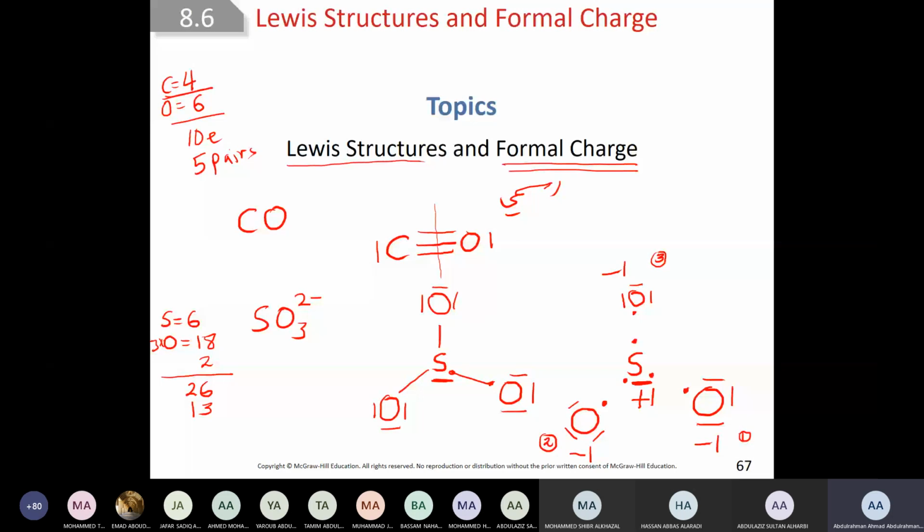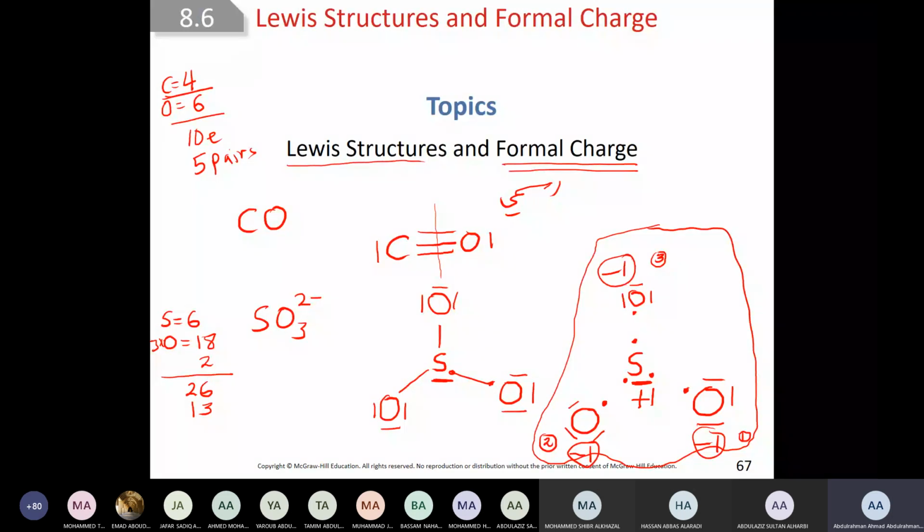Okay. What's the charge in the whole molecule? Add them. What do you have? You have minus 1, minus 1, minus 1, and plus 1. What's the total? Minus 2. Minus 2, which is this one.